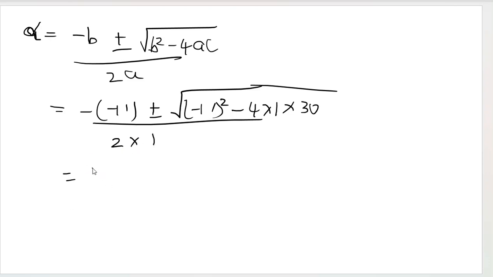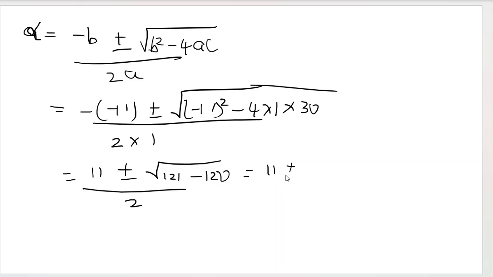So this minus minus will become plus: 11 plus or minus the square root of 121 minus 120, which is 1, upon 2.